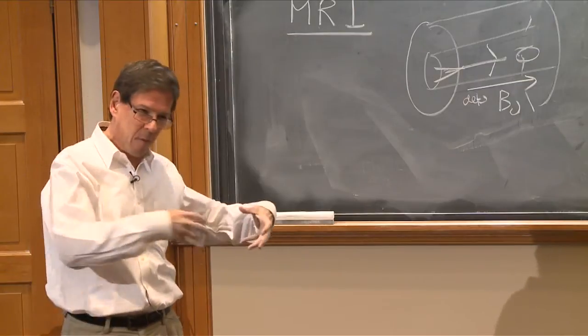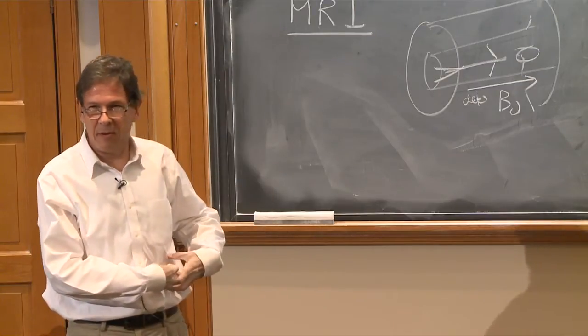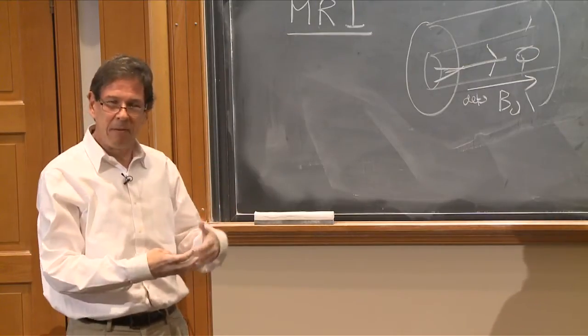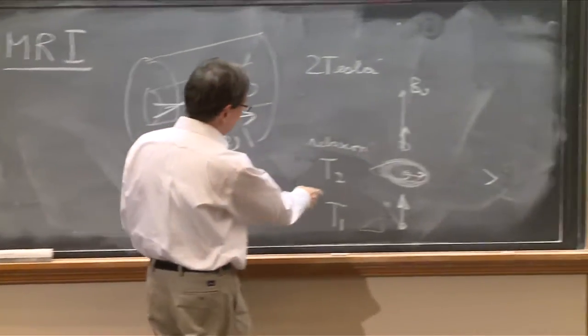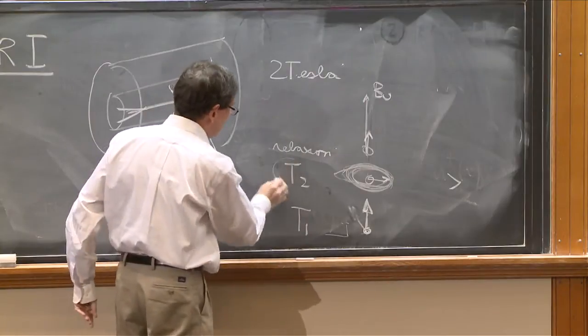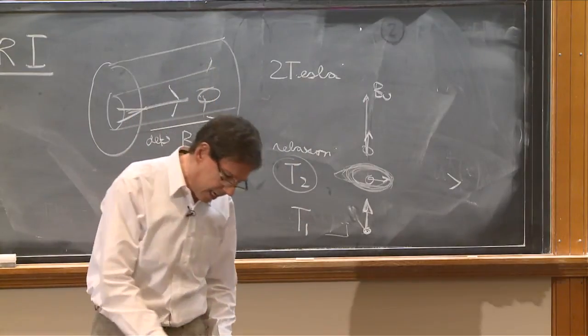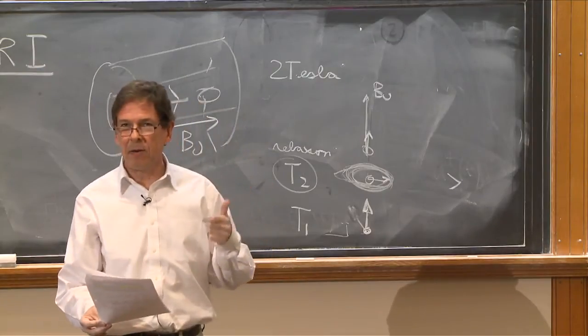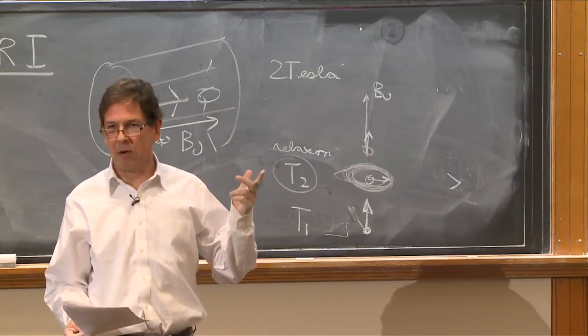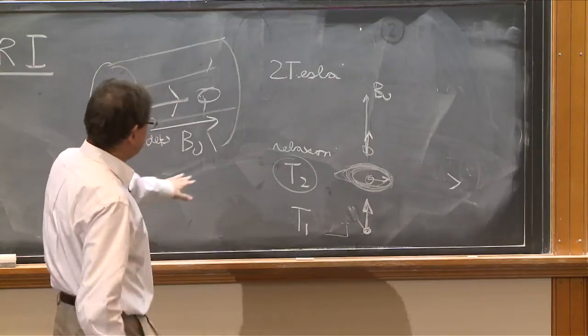Then if you want to figure out what kind of thing you have in your body, they look it up, and immediately they may know what the possible candidates are. In fact, T2 is actually enough to distinguish white matter, gray matter, and fluids in your brain. Totally different T2s.